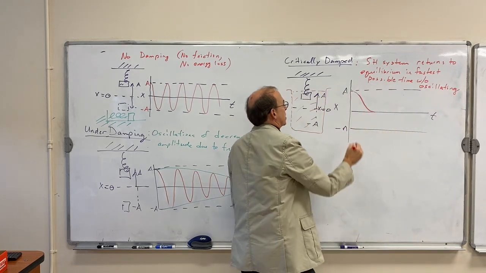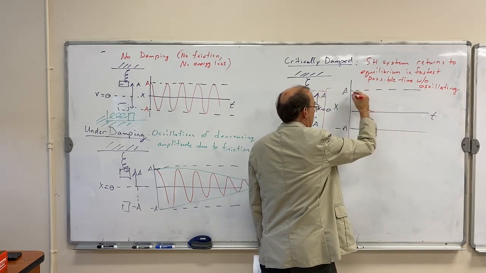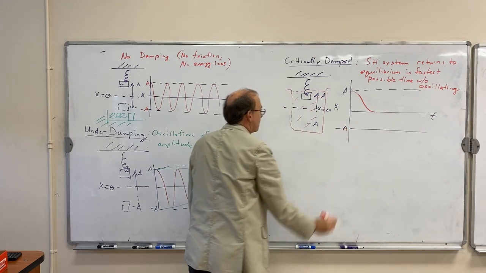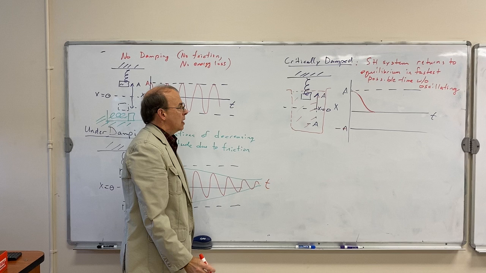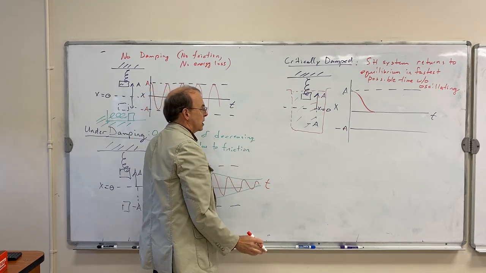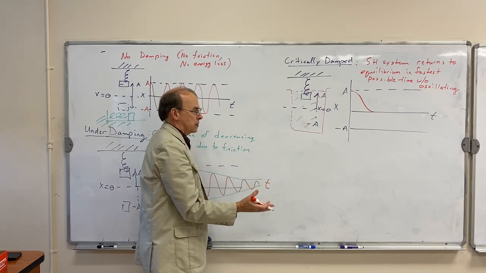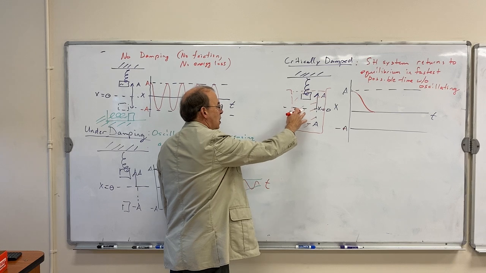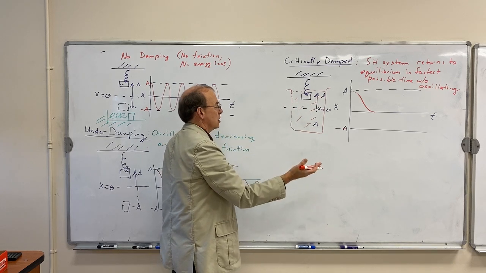There's actually a special case of this where it can oscillate one time, go underneath, and restore. So that's when you've very carefully chosen this friction. In any other case, when there's more friction than that, this will return to equilibrium even more slowly.